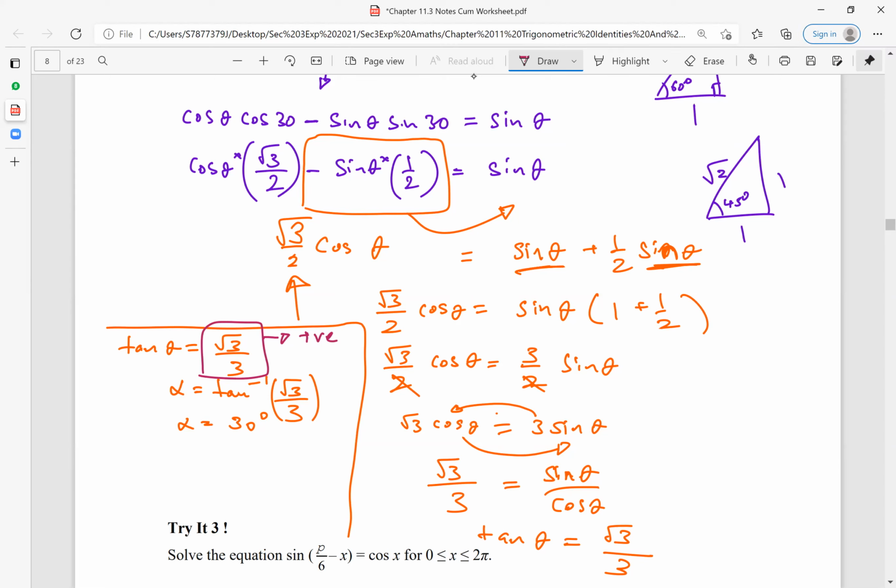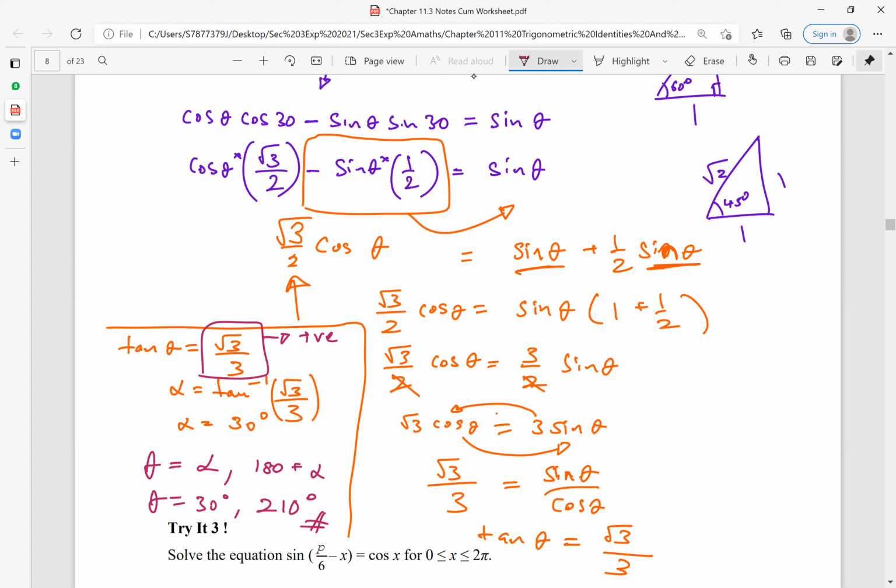Okay, so your theta is actually alpha and 180 plus alpha, which is 30 and 210. That's it. So do you see everything coming together?